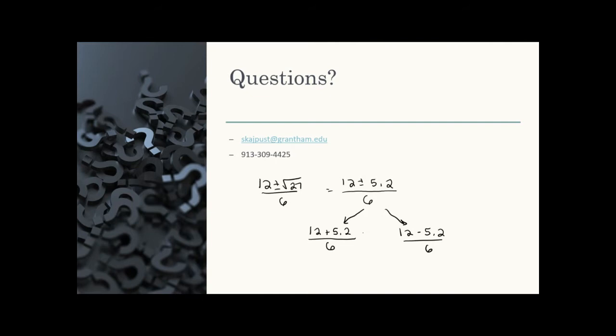So you would have 12 plus 5.2, which is 17.2 over 6, and then 12 minus 5.2, which gives you 6.8 over 6. And then you can just divide those out and round it to one decimal place. So I'd get about 2.9 as one answer, and this comes to 1.1 as another answer.